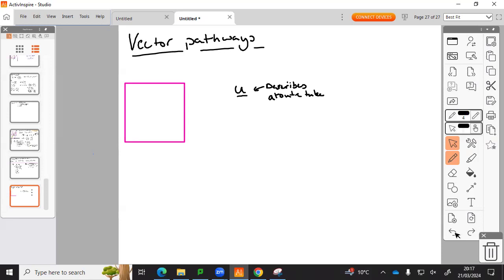Okay, so the vector U could be used to describe that top line there. The vector U could also be used to describe that bottom line there, because they're mathematically the same. So it doesn't necessarily matter at what point in space, when it's denoted in that format, where the actual vector is.